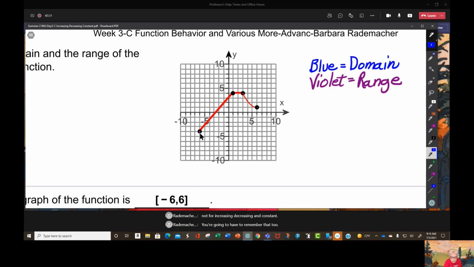All right, the graph starts here. Remember, we always go left to right. The graph starts here at, looks like, -6, and goes all the way to here, 6.